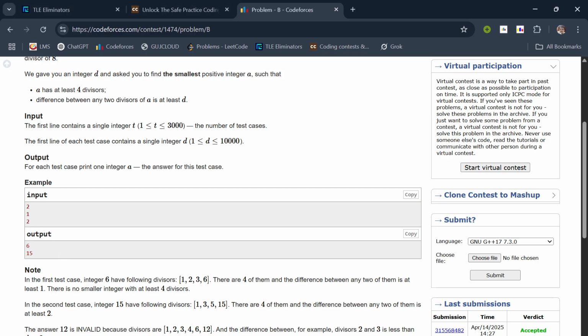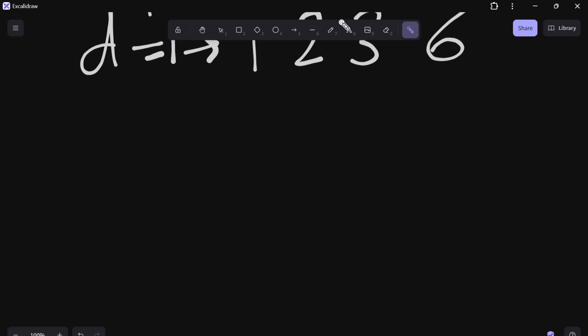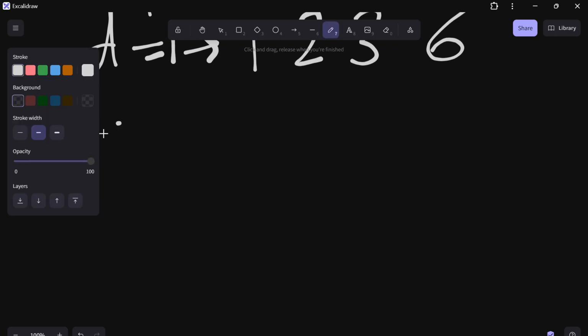It is the smallest number that has 4 divisors, and also the difference between them is at least d. Now if the given d is equal to 3, okay, so again you think the logic: this becomes 1.